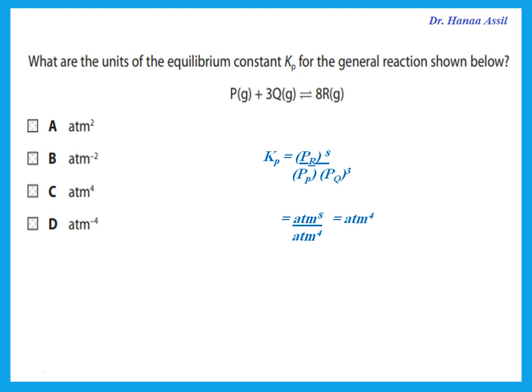So partial pressure of R to the power 8 means the unit is atmosphere to the power 8. Over, I have atmosphere times atmosphere to the power 3, so that's atmosphere to the power 4, and that means the total is atmosphere to the power 4. So that is the unit for Kp for this reaction. Remember, the units for Kc and Kp differ from one reaction to the next.